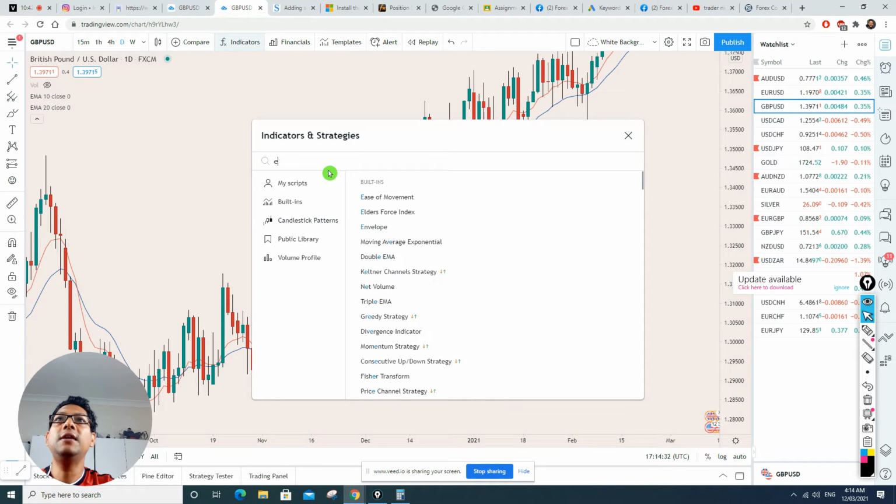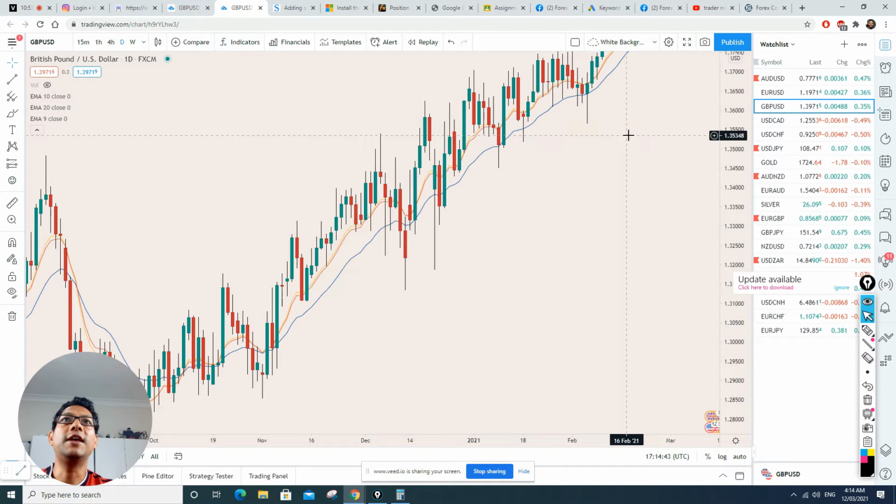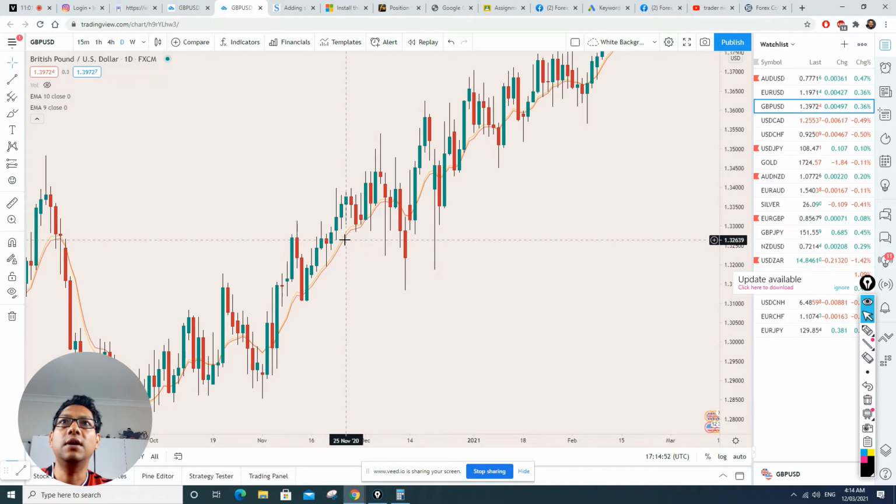Write EMA, moving average exponential. Click it like that. So if you click it, look, there is another moving average in my chart. I deleted my previous one so you understand how this works. One second, I will delete my previous moving average.